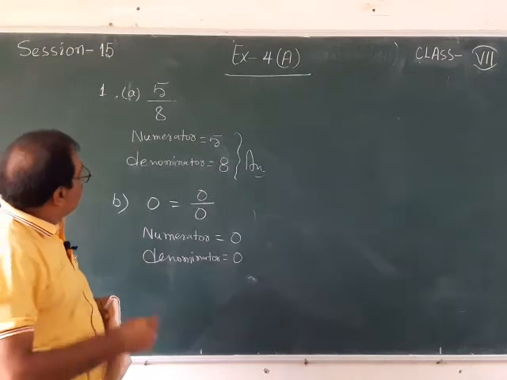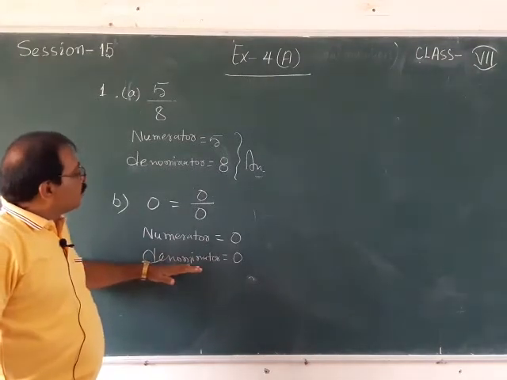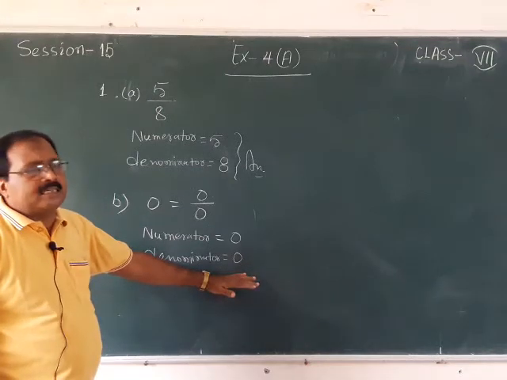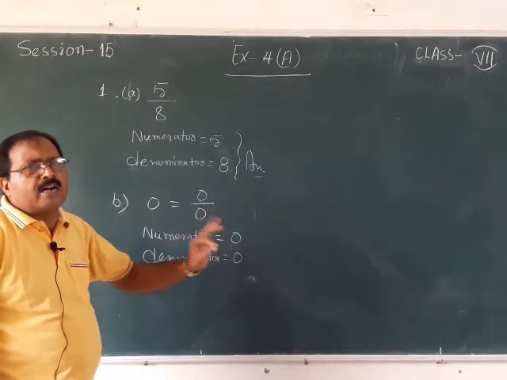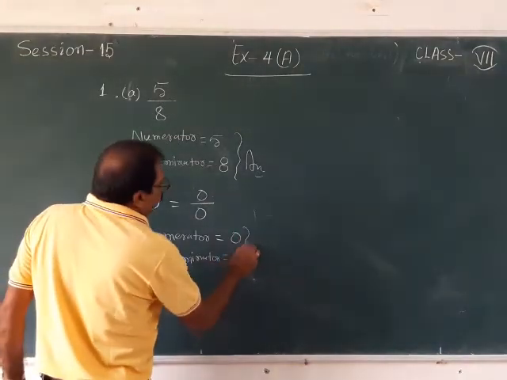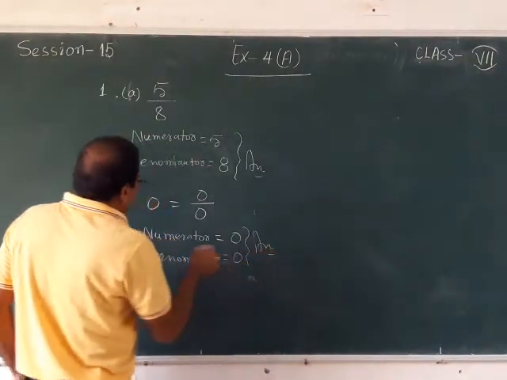That means here the denominator is not only 0, you can write any integer, positive or negative, any 1, 2, 3, 4, any number is possible, but one answer you need to write. So you can write here 0 itself.